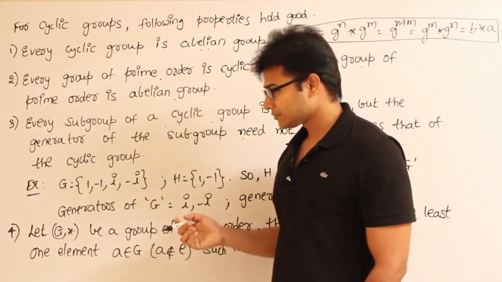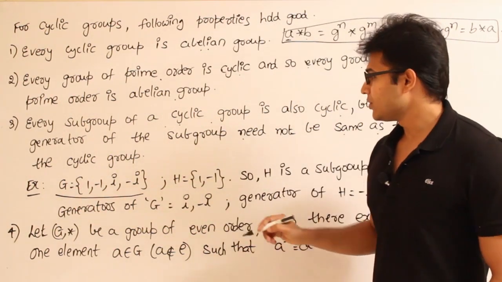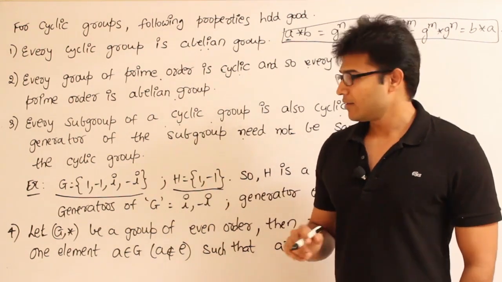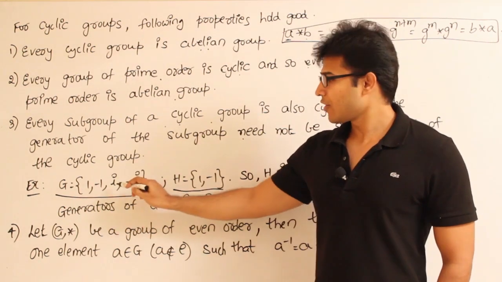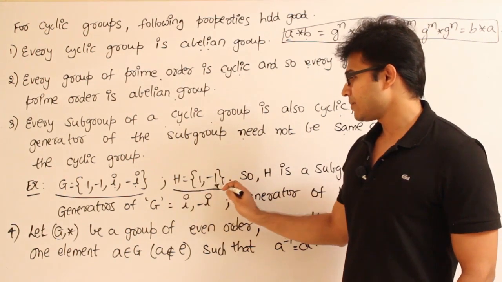See this, let us say you have a group like this, and you have a subgroup. I have taken some elements from here. If you observe this, the generators for G are I and minus I, but here the generator for H is minus 1.